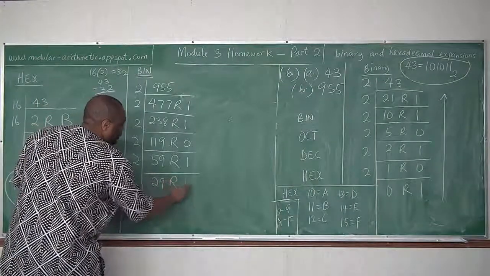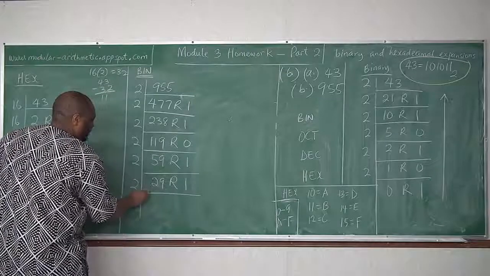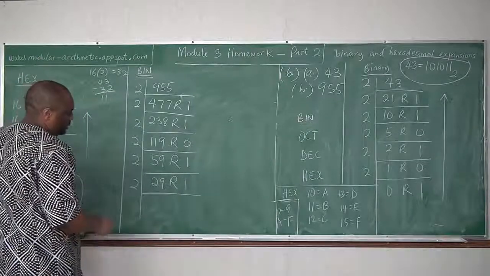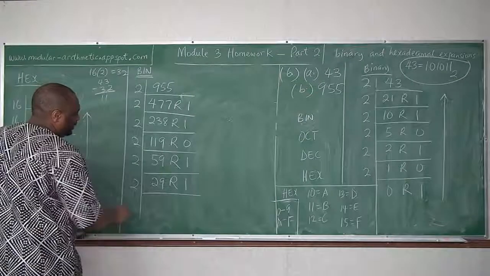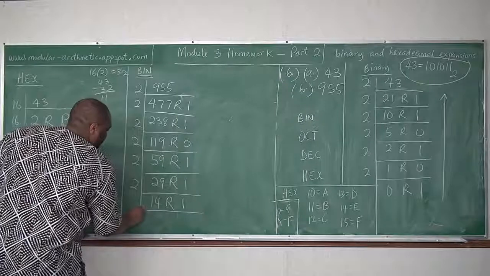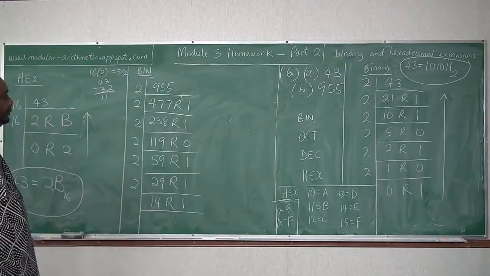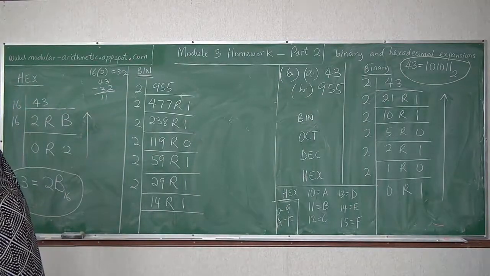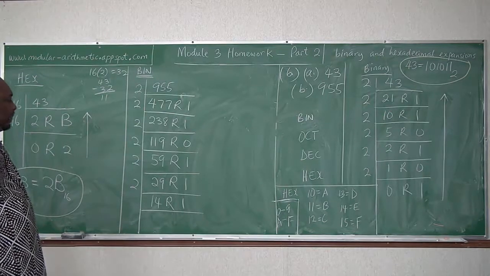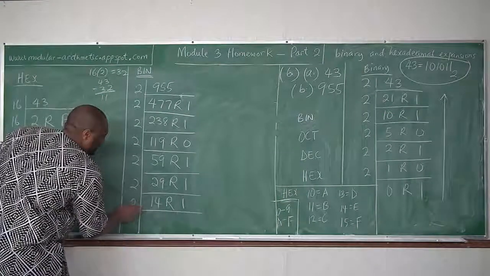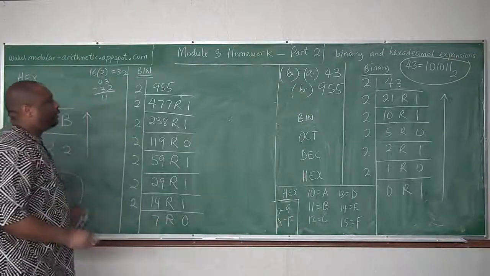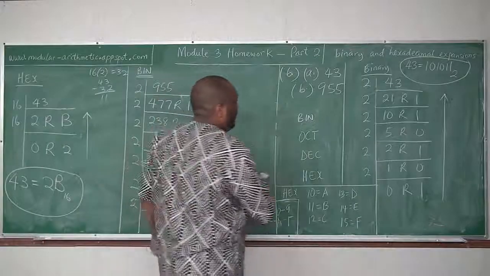Remember 1. 2 divide 29 is 14. Remember 1, because 14 times 2 is 28, plus 1 is 29. 2 divide 14 is 7. Remember 0.